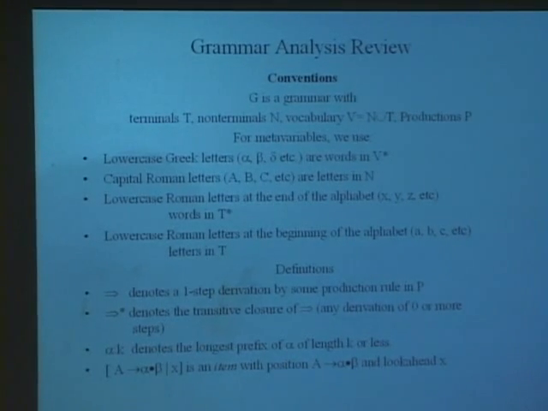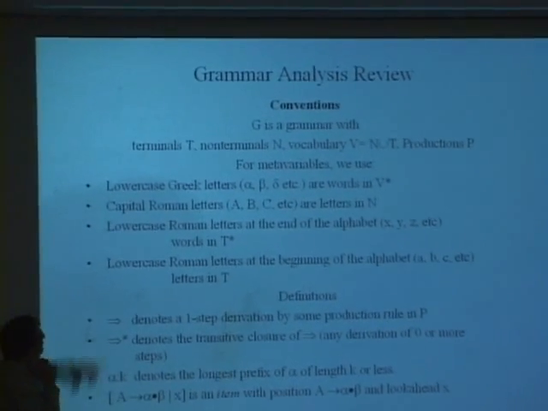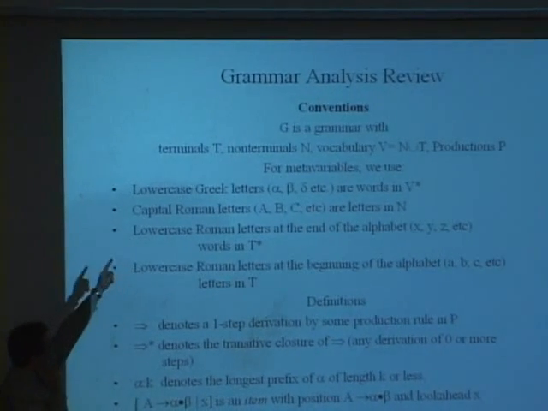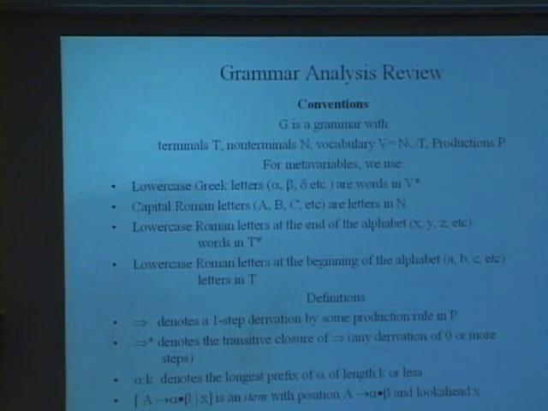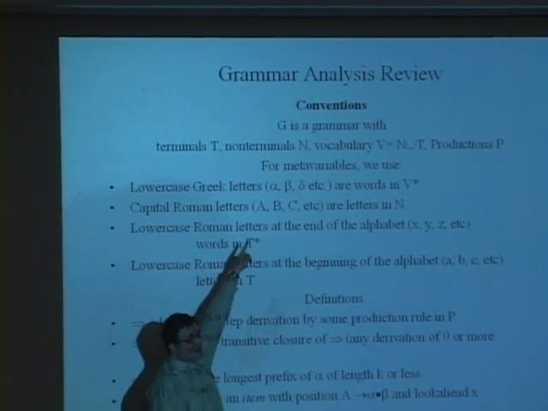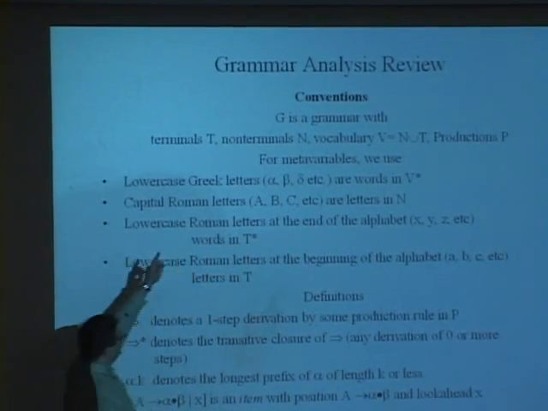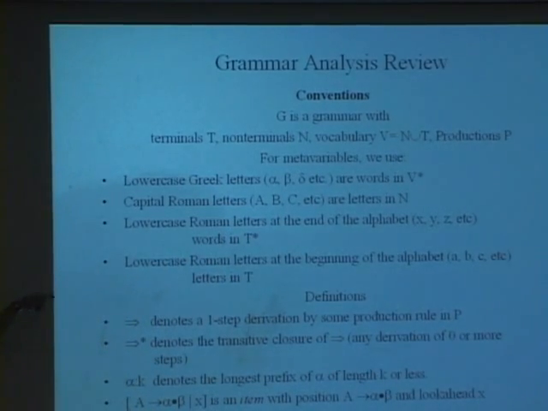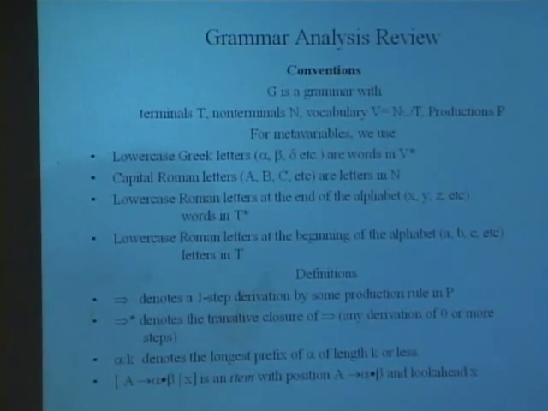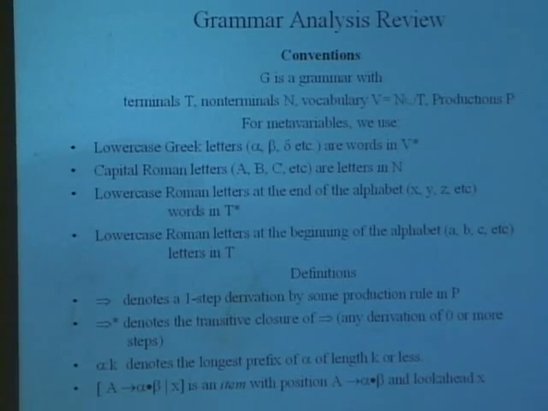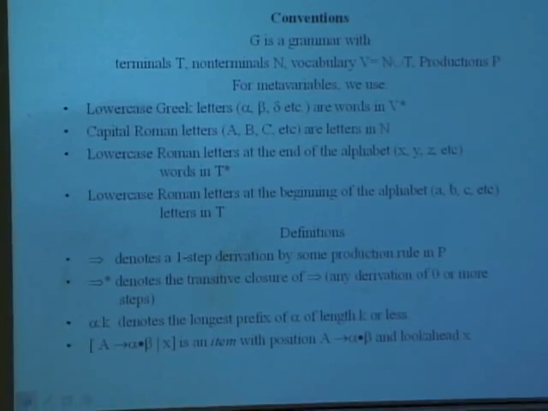This isn't that necessary, but we'll remember the terminals T, non-terminals N, vocabulary V, right? For words in the general vocabulary, including the non-terminals, we use alpha, beta, delta. Capital A, B, C are non-terminals. X, Y, and Z are words in the terminal language.